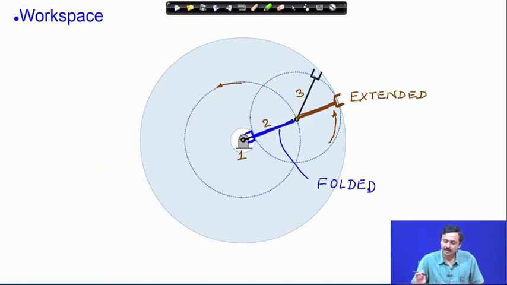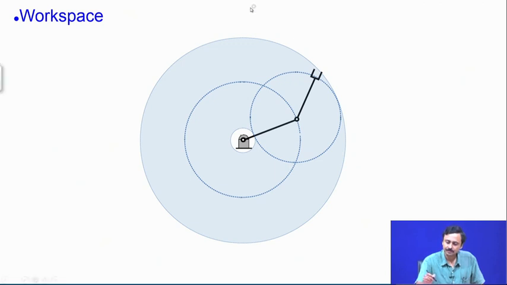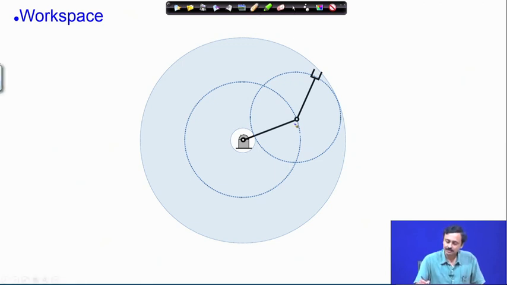Now, there are other constraints. Ideally, this is what kinematically the workspace looks like, but actually the workspace can be much smaller than this. Why? Because the motors which actuate the joints can have joint limits, either because of physical construction or because you have some obstructions.